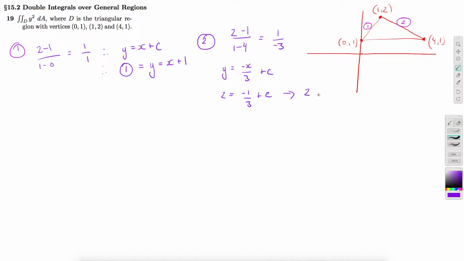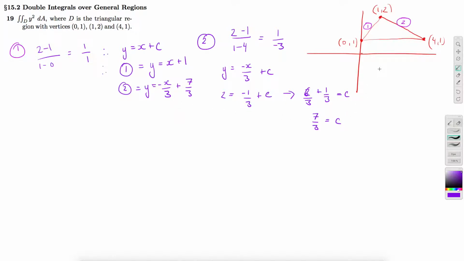Then we can go 2 plus 1 on 3 equals c. You're going to have to times the top and bottom by 3, so you're going to get 6 on 3. You're going to get 7 on 3 equals c. So therefore, our second equation is y equals negative x over 3 plus 7 on 3.